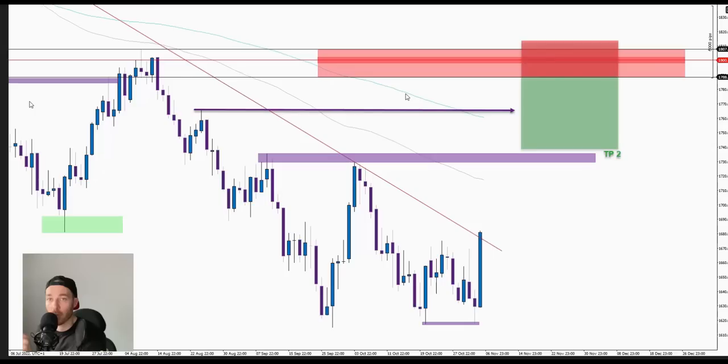So scaling into the trade basically means the deeper the trade goes, so the more the trade goes against you, the bigger your position gets.